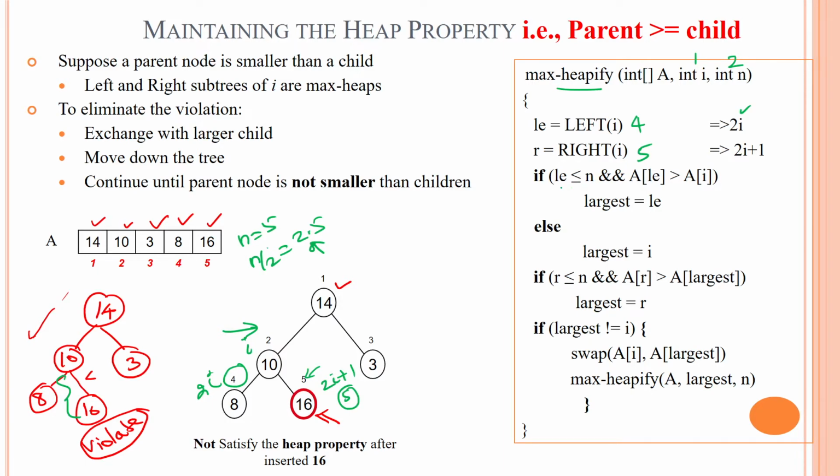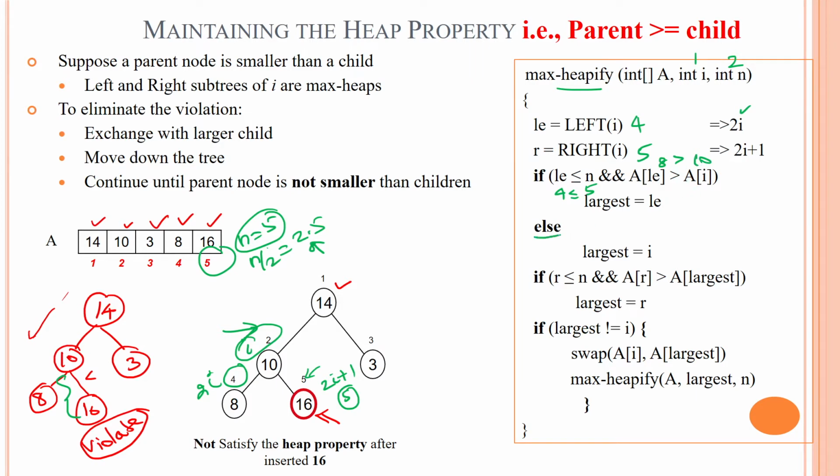So now we are checking: left index 4 is less than or equal to n, which is 5, so it is true. Then a of le is 8. Is 8 greater than a of I, which is at index 2, the value 10? 8 greater than 10 is false.